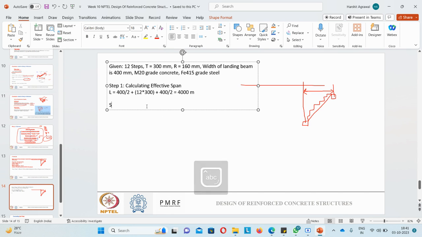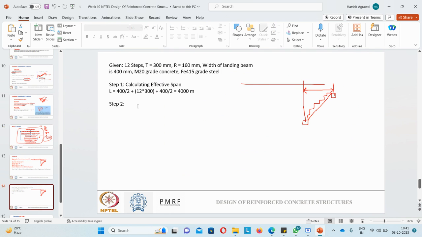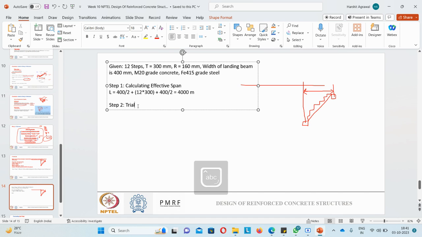Now step 2 is to take a trial depth of the underneath slab. So let's assume I am taking L by D ratio as 20. Let's say 20 will be sufficient for me in this case.